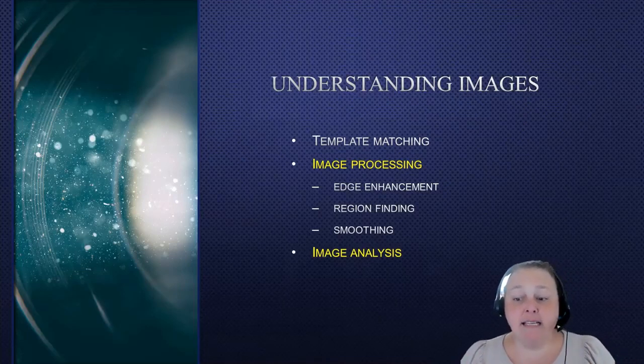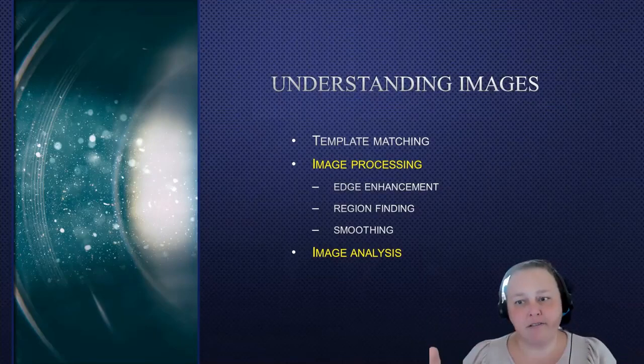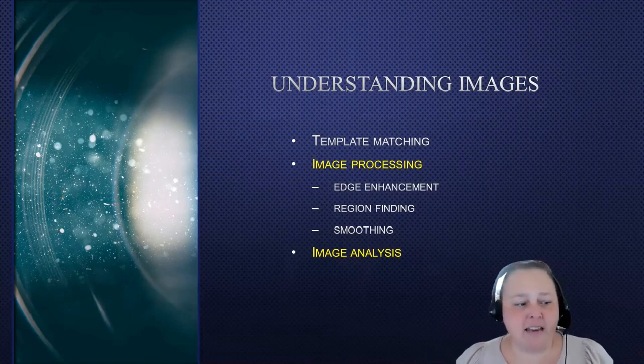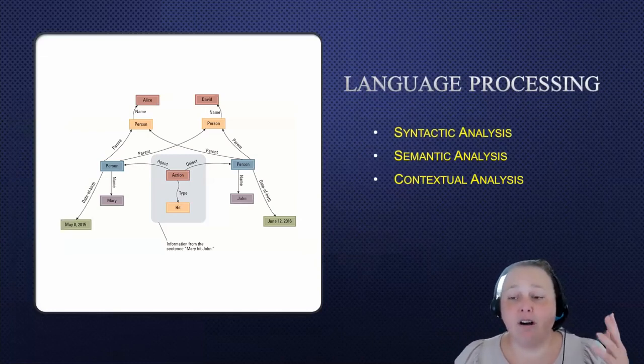Whereas image analysis is going to understand what the characters mean. Okay, so your processing is to identify characters and your analysis is understanding those characters. So let's look at language next.